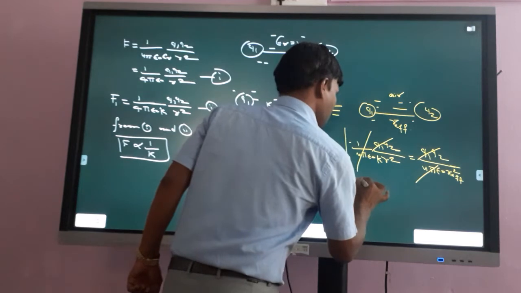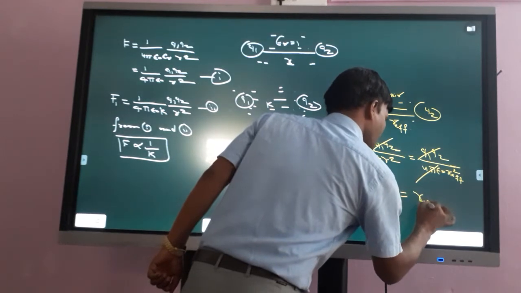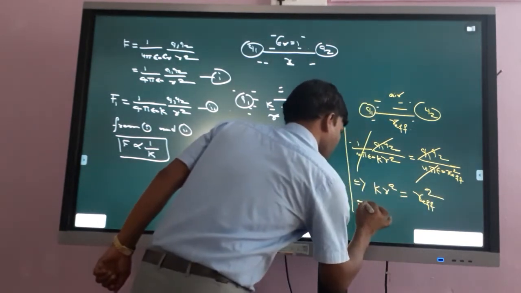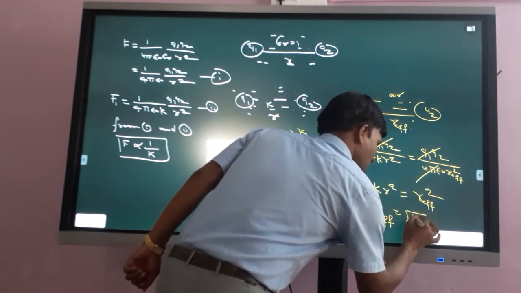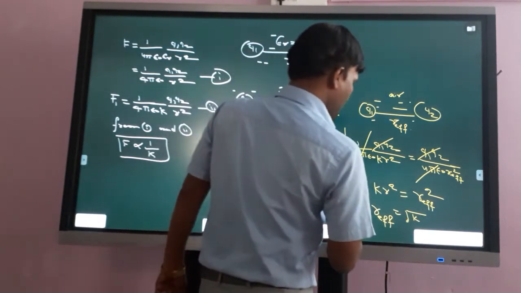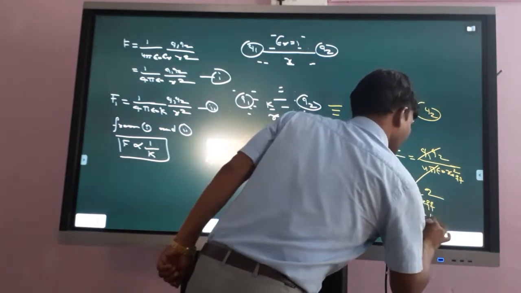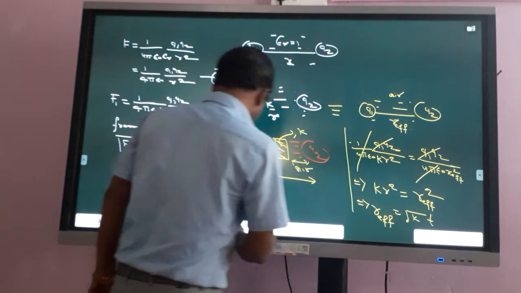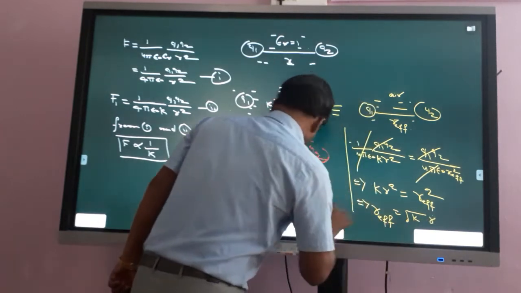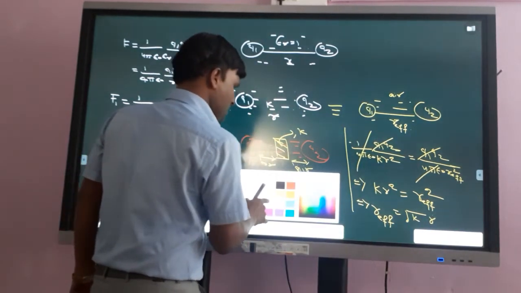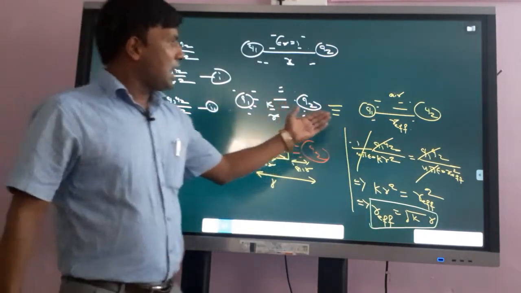So what we got from here: K R square is equal to R effective square, and that implies R effective is root K R. So here it would be root K R, and that is the effective distance between Q1 and Q2 charges.